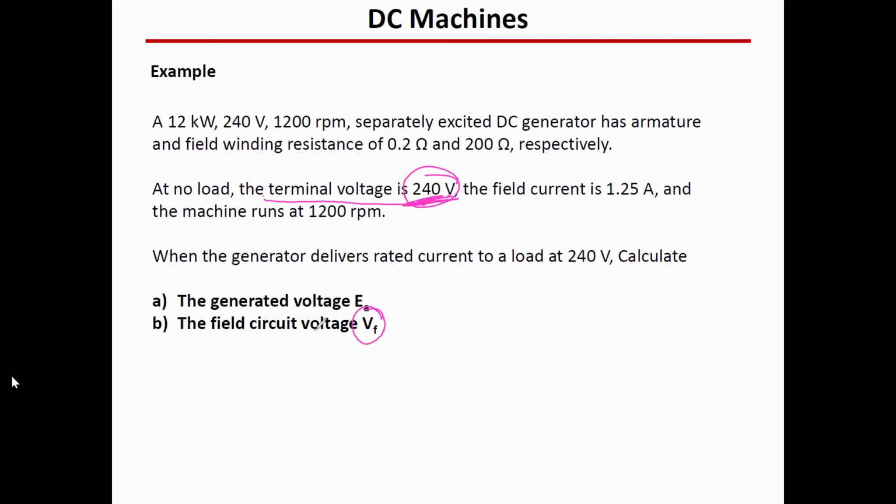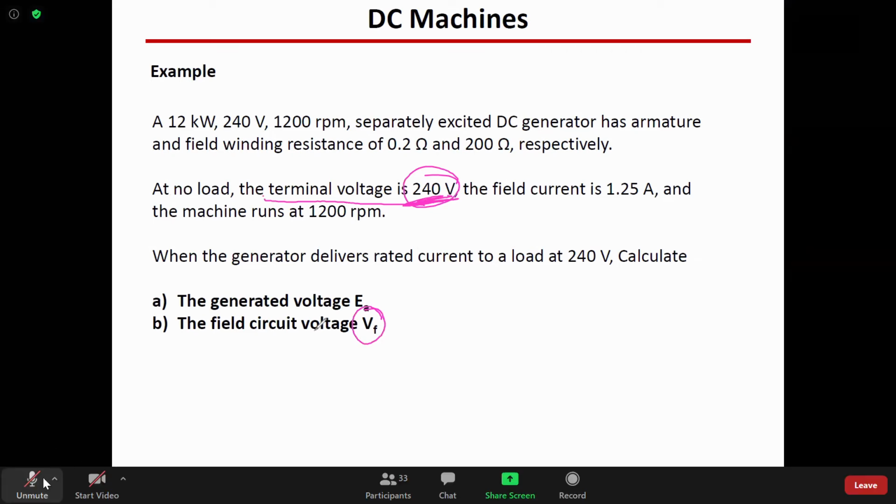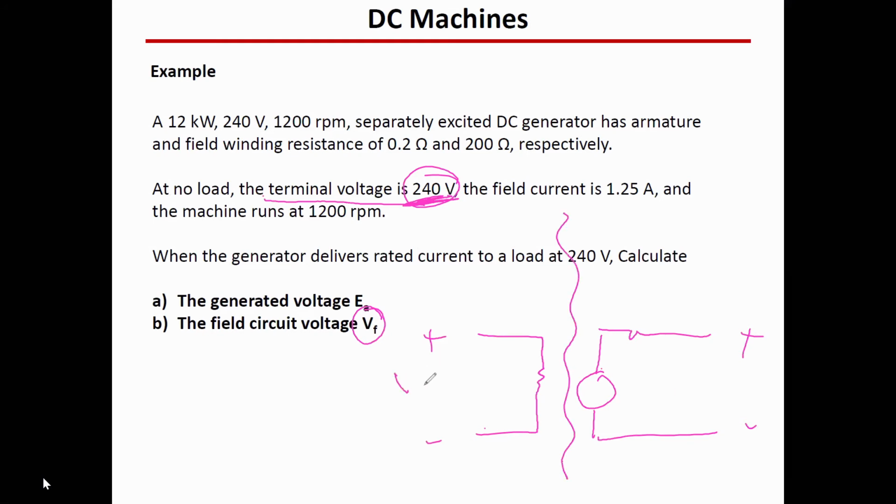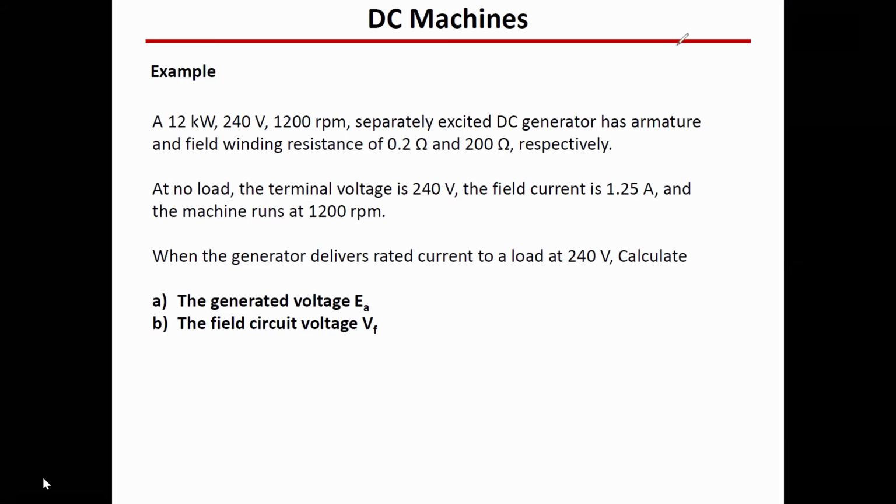Isn't it parallel? You mean this voltage is in parallel with this voltage? No, they are separated. This has nothing to do with this. Yes, got it. Completely different circuits. Yes, thank you.